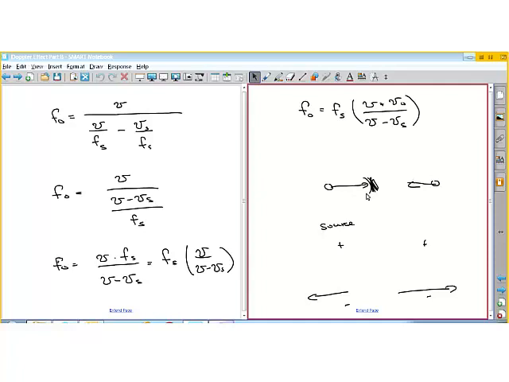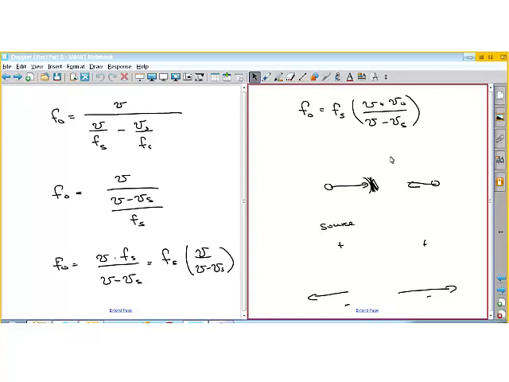So in this case, where you have them both moving towards each other, this would be positive source velocity and positive observer velocity, because these are both going to act to increase the frequency. If this is positive, that makes the numerator larger, and if this is positive, that makes the denominator smaller, which makes this overall thing even bigger.